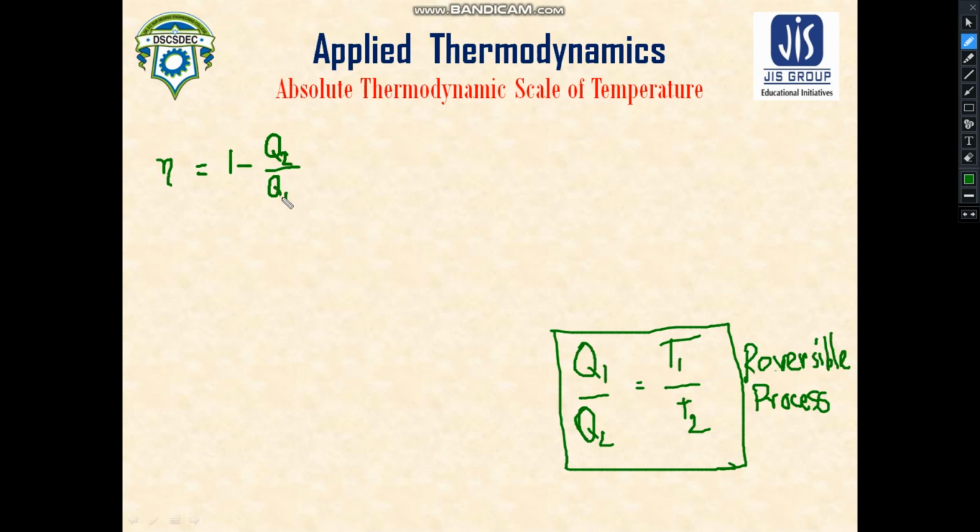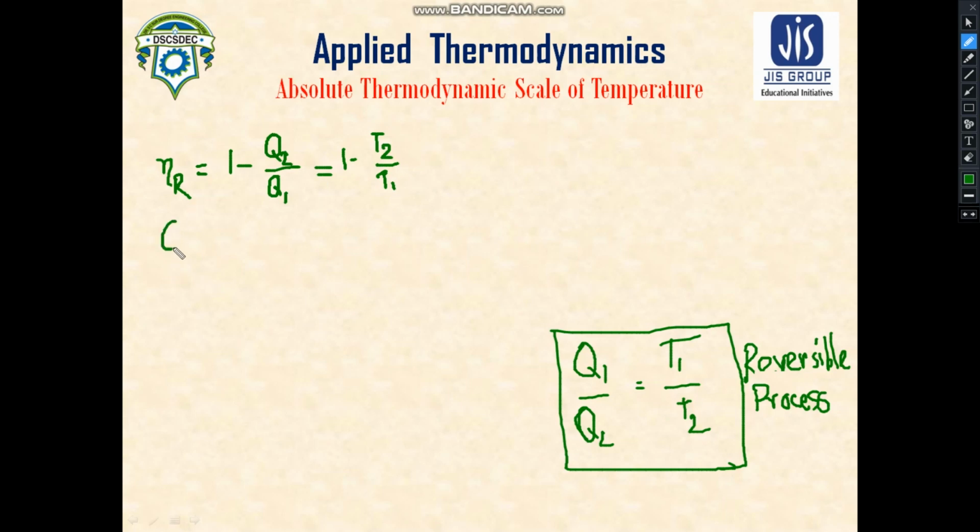This relationship is valid for reversible as well as irreversible cases. Now, if we are specifically mentioning that a reversible heat engine is in operation, then we can write this 1 minus Q2 by Q1 as 1 minus T2 divided by T1.